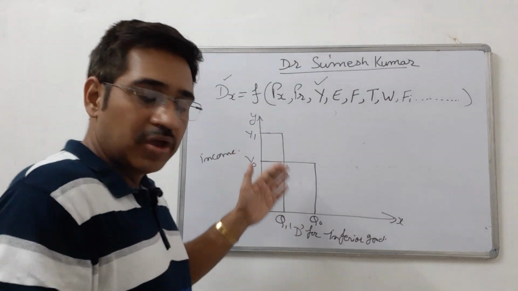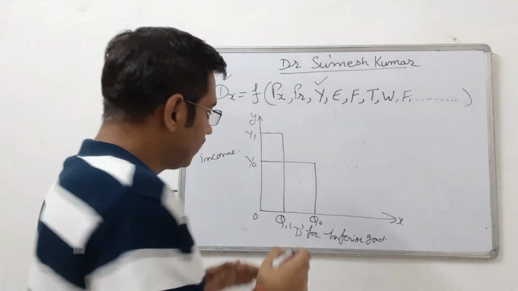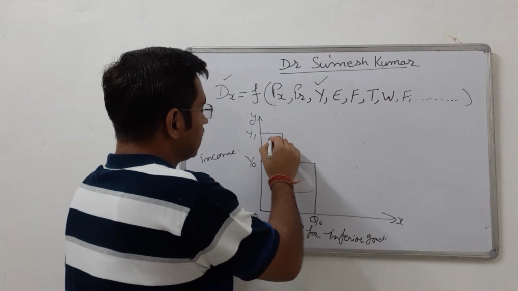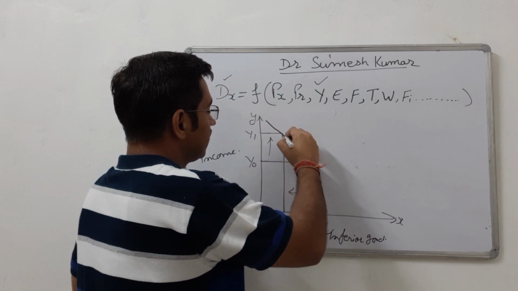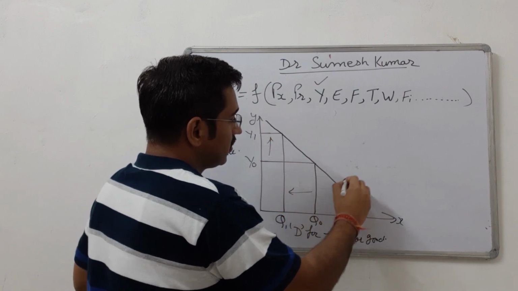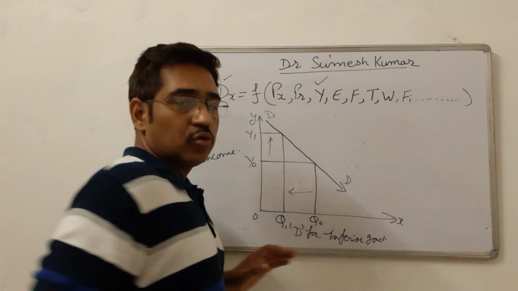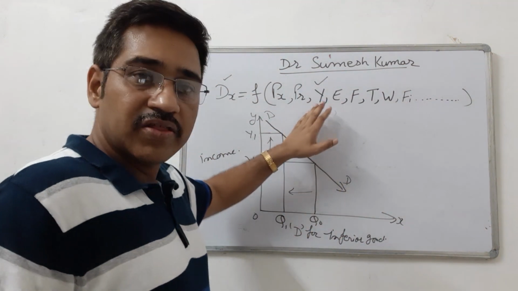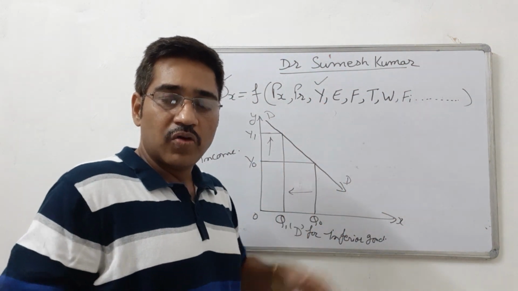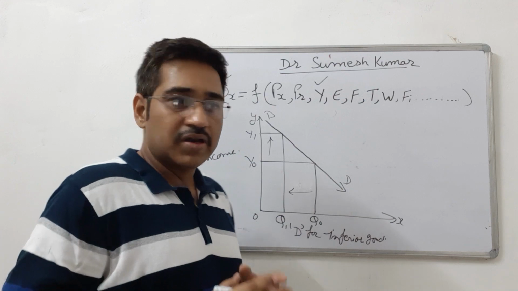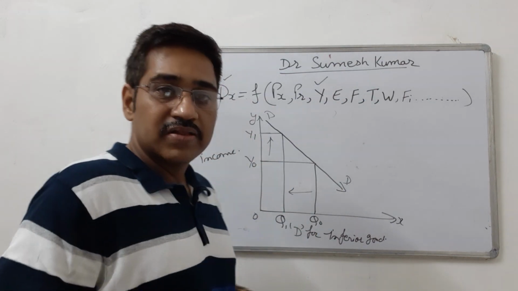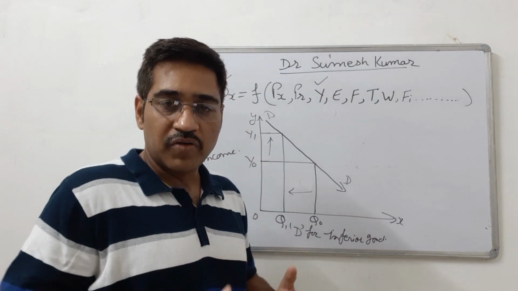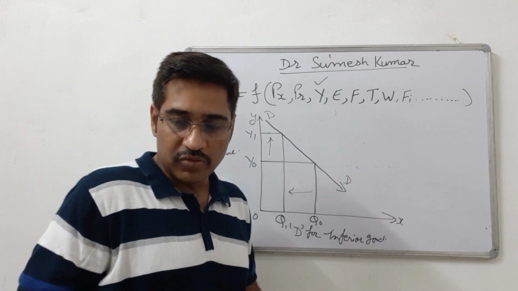When income goes up, we reduce the quantity of inferior commodities, and this would be our demand curve, DD. So what we conclude is that when there is a change in the level of income, its effect on the demand of commodity X depends upon what type of commodity we are talking about.